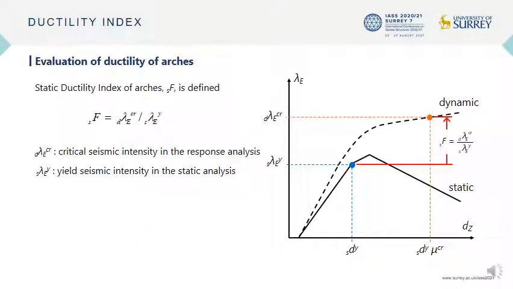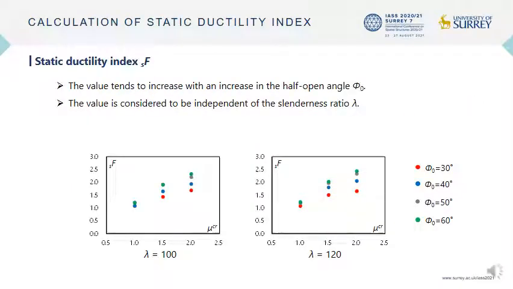We focused on the static ductility index. The value of SF is evaluated as this equation. This figure shows a relationship between the static ductility index and the critical ductility factor. The static ductility index becomes larger as the half-open angle is larger, and it is independent of the slenderness ratio.